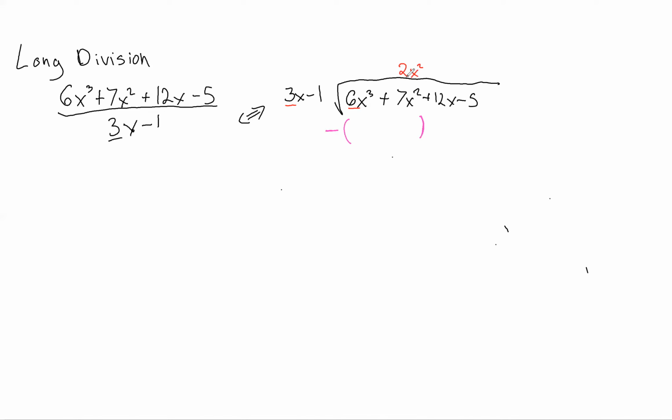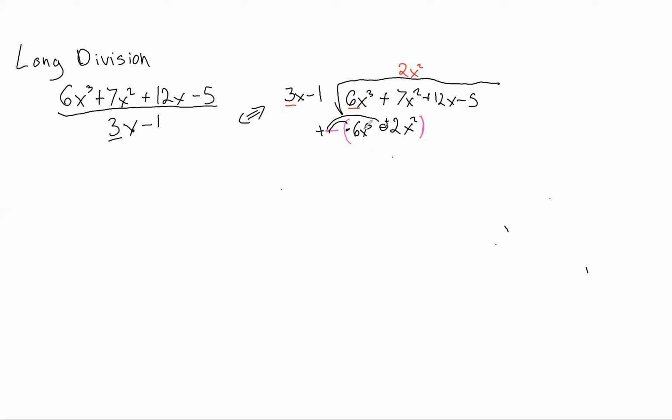So 2x squared times 3x is going to be 6x cubed. 2x squared times negative 1 becomes negative 2x squared. And then I remember to distribute this negative throughout. So positive 6x cubed becomes negative 6x cubed, and negative 2x squared becomes positive 2x squared, because a negative times a negative is a positive.